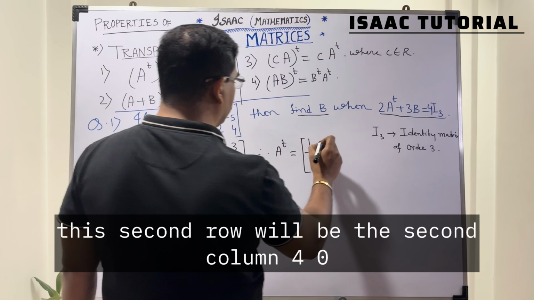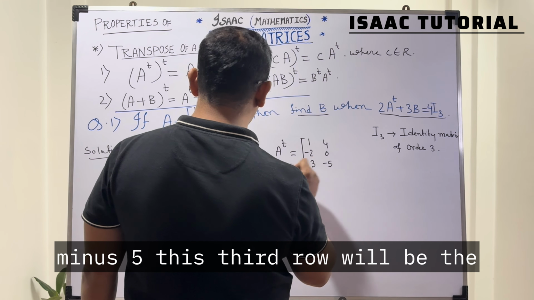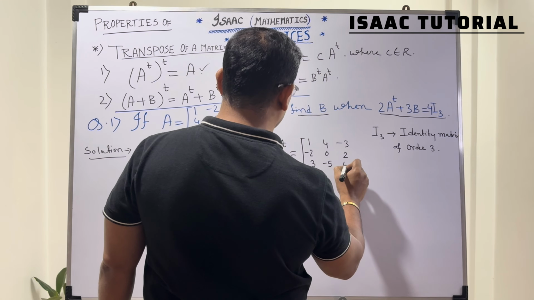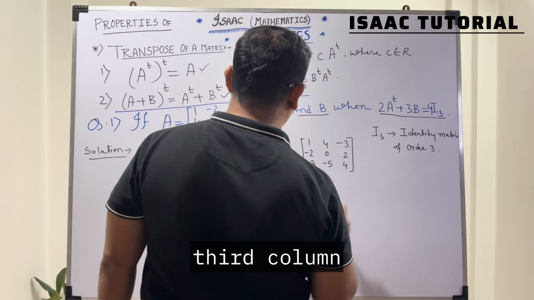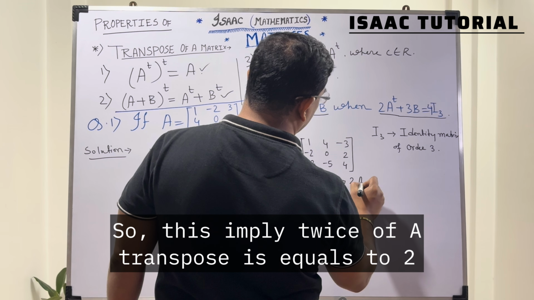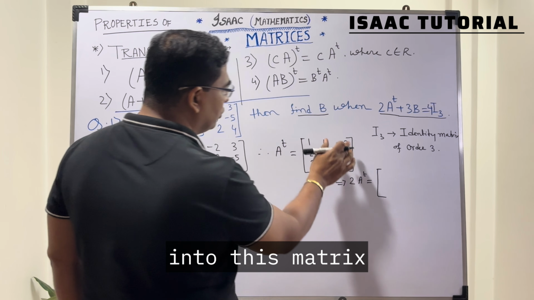The second row will be the second column 4 0 minus 5. This third row will be the third column.